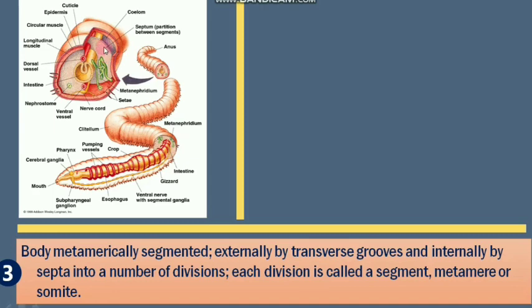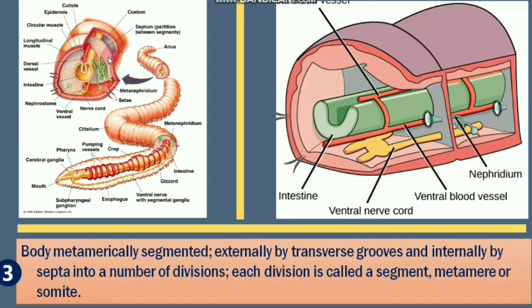Septum is nothing but a membranous partition between the two segments. So you can clearly see in this figure too. You can see the septa here, and this is the first somite and second one, and internally the two somites or two metameres are separated by the intersegmental septum.